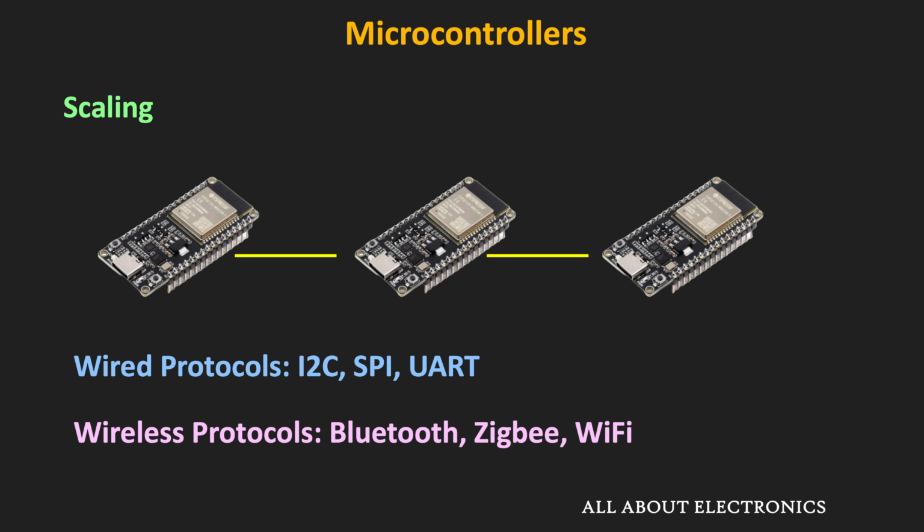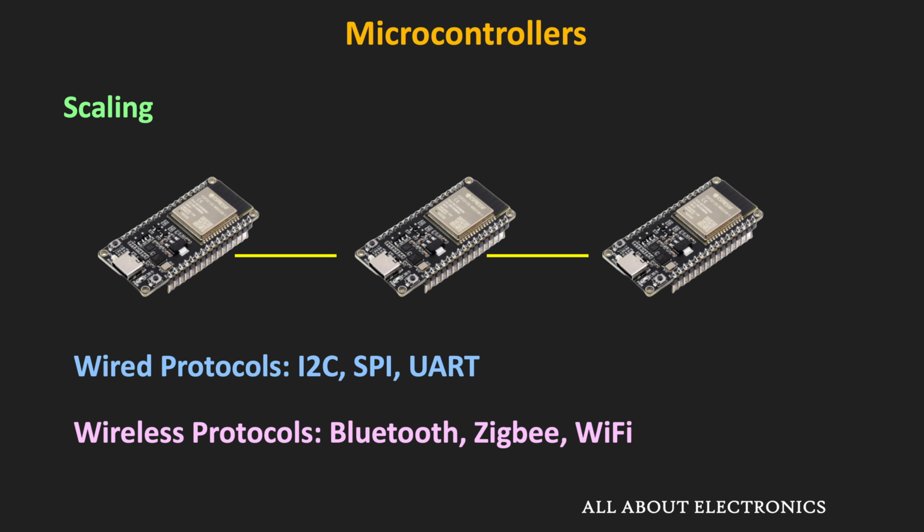But for that, we need to do additional wiring and additional coding to connect them together. And if they also support wireless protocols like Bluetooth or Wi-Fi, then it is also possible to connect multiple MCUs together in a network. But the thing is, the scalability in the case of PLCs is wider compared to MCUs.